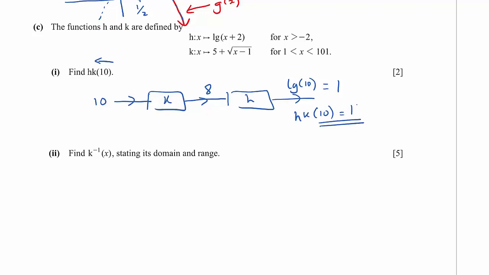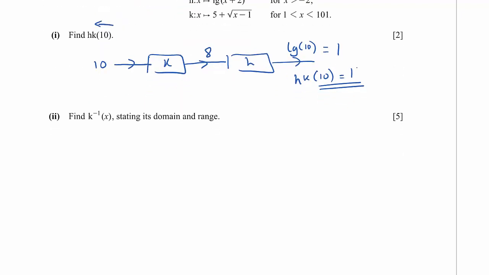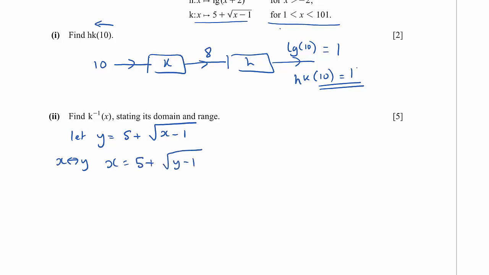So now we want to find the inverse of k, stating its domain and range. And we've got the domain for the original function just up here. So I'm going to let y be equal to 5 plus the square root of x minus 1, and then I'm going to interchange x and y. So x is going to be 5 plus the square root of y minus 1.